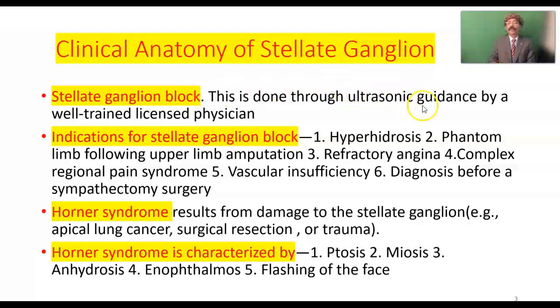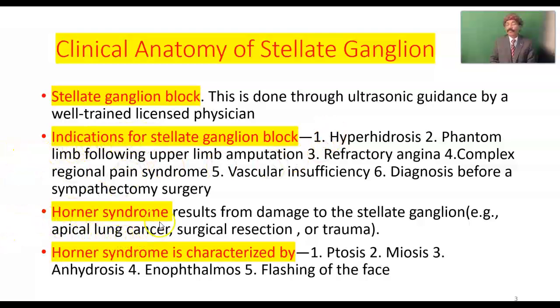This is done under ultrasound guidance by a well-trained licensed physician, because we have a lot of structures close to the stellate ganglion, like the vertebral artery, the carotid sheath, the subclavian artery, the brachial plexus, and even the internal jugular vein. So it should be done under ultrasound guidance by a well-trained licensed physician.